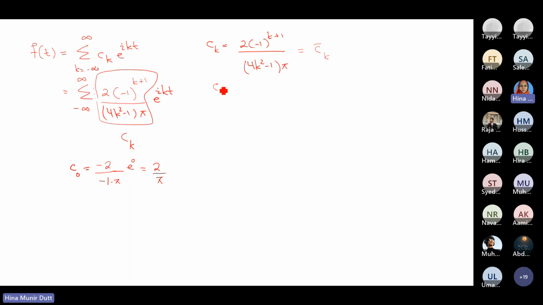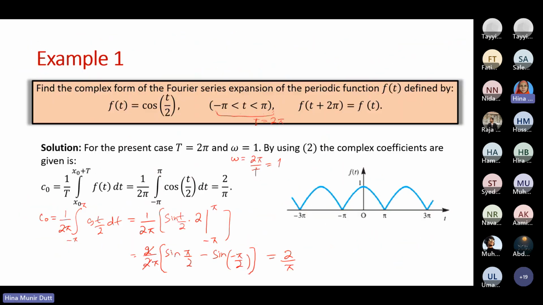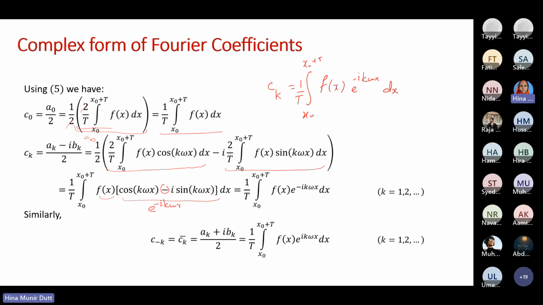So in that case, a naught, we will use this relationship then. a naught is equal to 2c naught because I have taken c naught equal to a naught over 2.